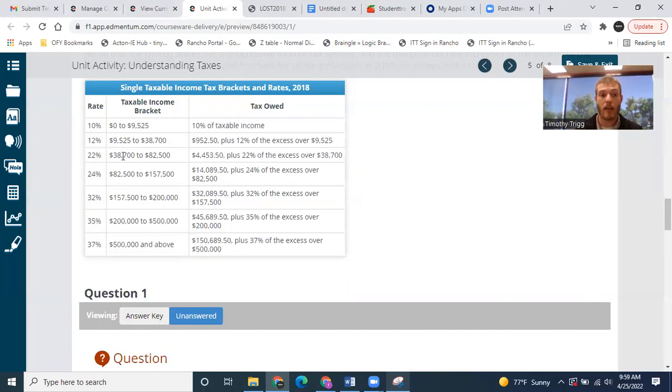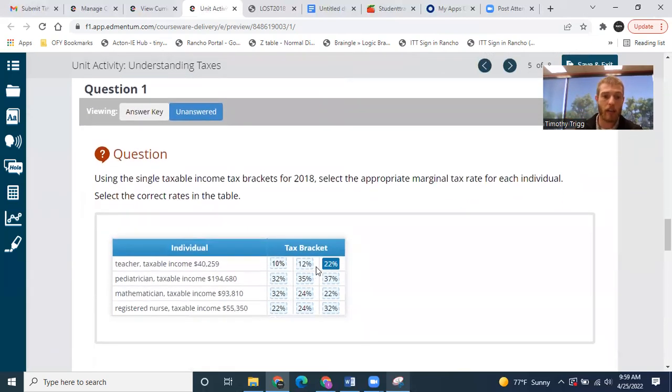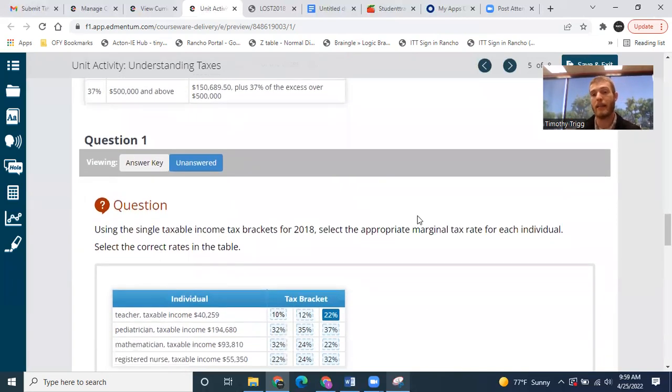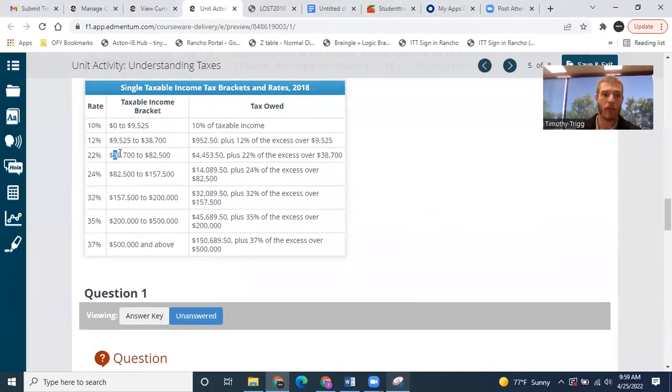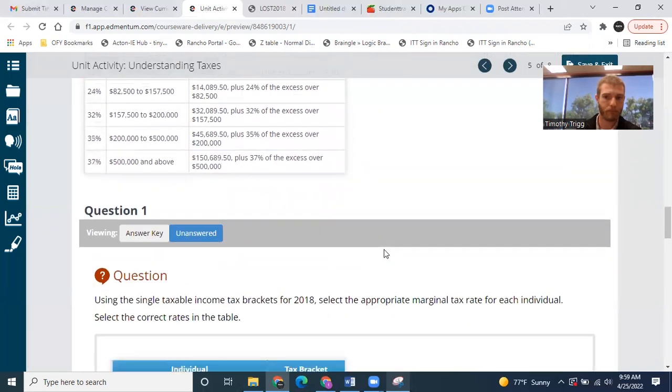And then between $38,700 and $82,500 gets taxed at 22%. So it's kind of interesting like that. This teacher's tax bracket is 22%, but again, that doesn't mean that all of their money is taxed at that rate. Well, only the money that's above $38,700.